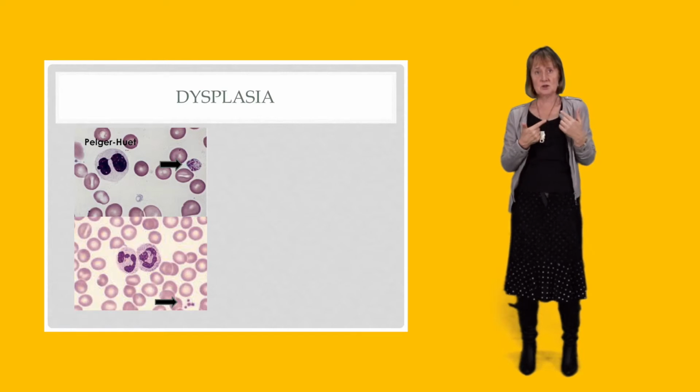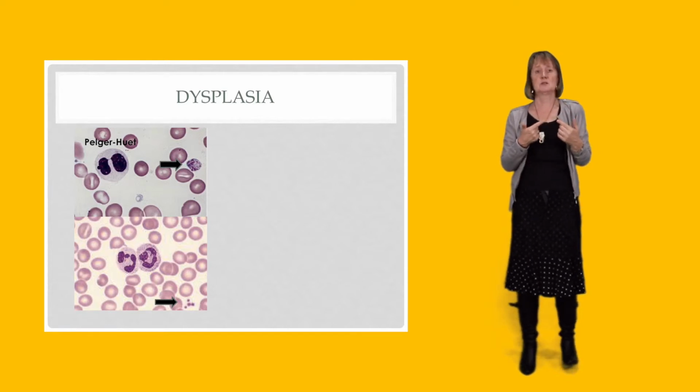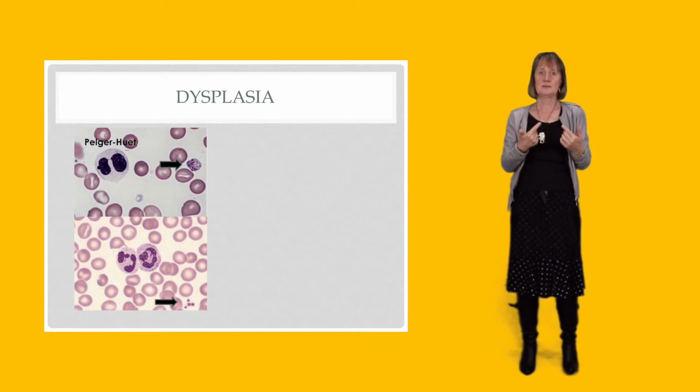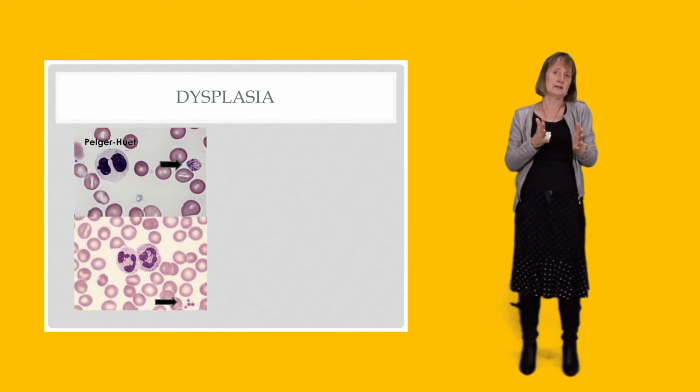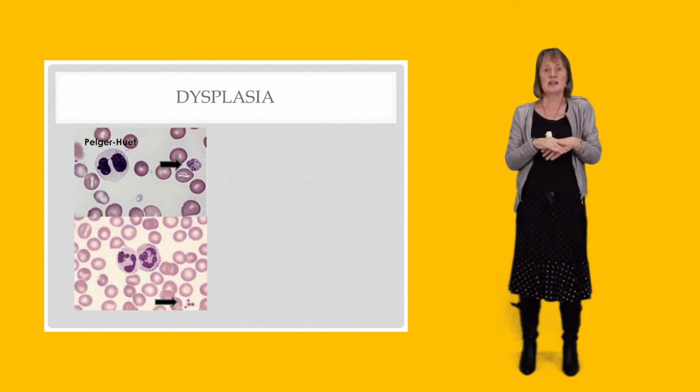In contrast, the top picture is taken from a patient with myelodysplasia, and although the red cells are really not too bad, they're a little bit varying in appearance, there is a very characteristic abnormality in this blood film, which is the white cell at the top left. This looks vaguely like a neutrophil, but it's not quite right.